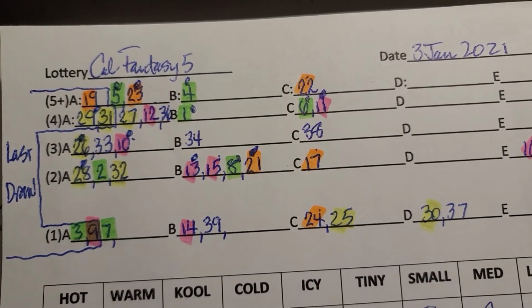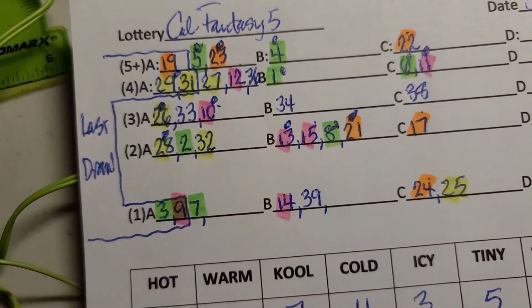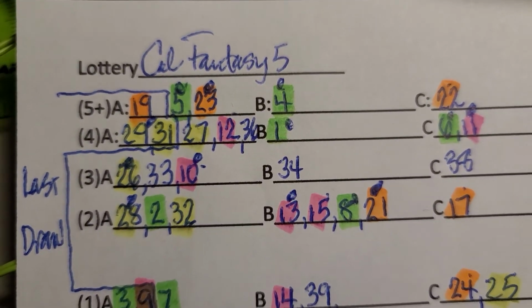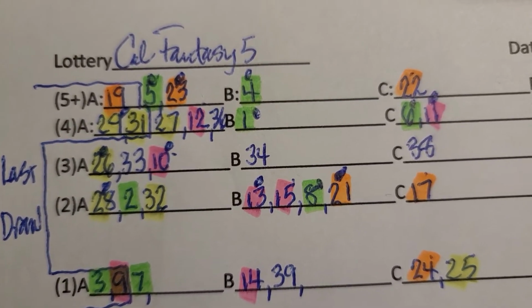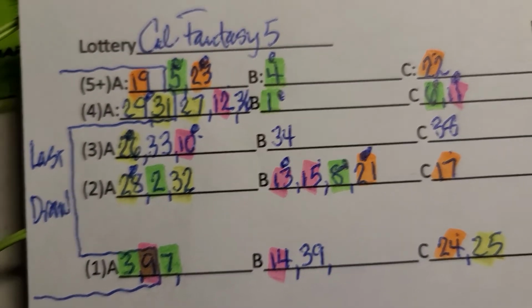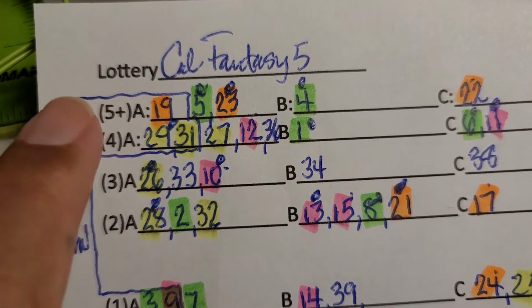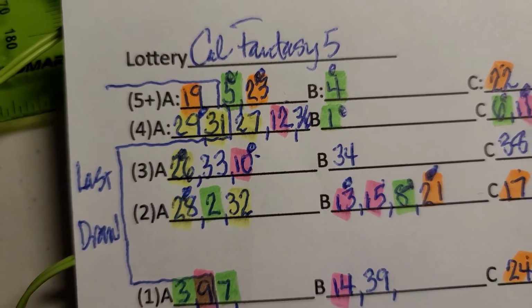Starting here, all of these numbers that appear in the A category were numbers that were drawn in the last 4 games. So game number 1, which includes the last draw, 19, 29, 31, 3, and 9.